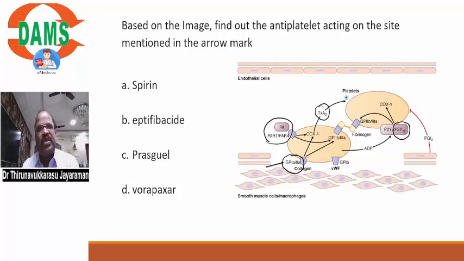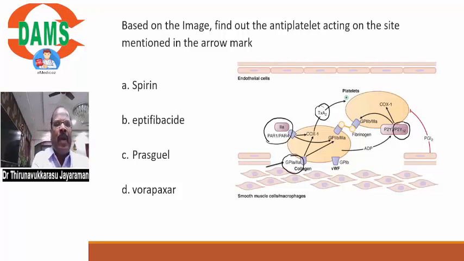So we have targets, and some antiplatelet drugs act against thromboxane A2, some against GP2B3A, some against P2Y12, some against PAR, protease activated receptor.